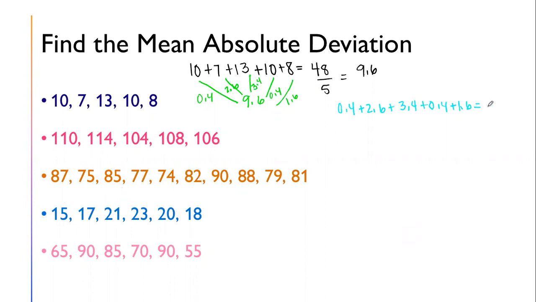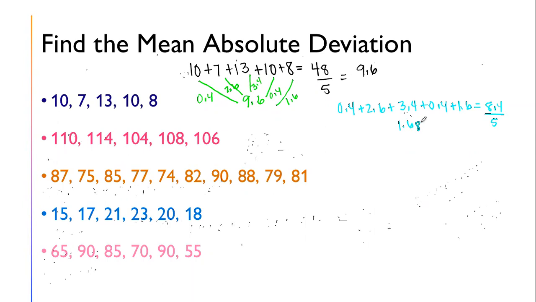That will give me 8.4, but then I'm dividing that by 5 because I was looking for the average. And that will give me 1.68. So the average distance each number is from the mean is 1.68. If you went ahead of me, did you get that? Awesome.